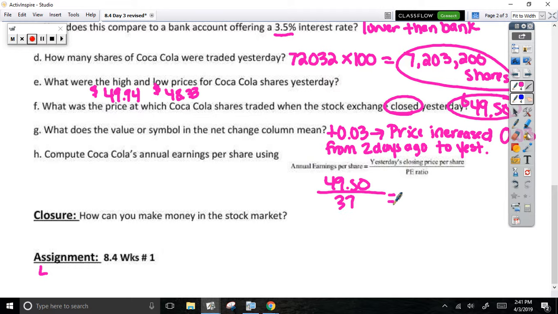And whenever we divide those in our calculator, we'll get $1.34. So you're basically earning $1.34 each year.